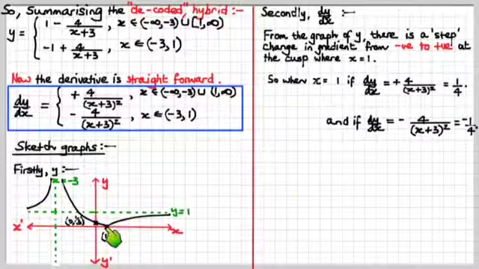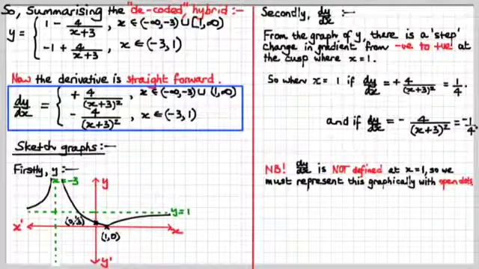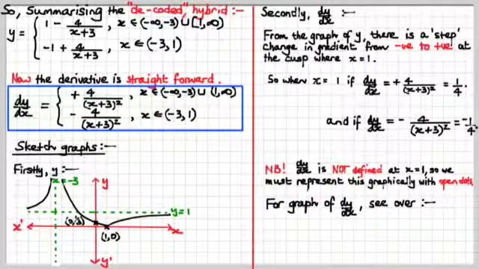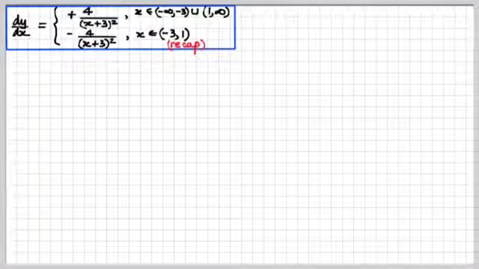It just doesn't make any sense. The curve has to be smooth to enable you to take the tangent. Okay, so therefore this is my NB saying that dy dx is not defined at x equals 1, so we must represent this graphically with open dots at the point of discontinuity where x equals 1. Okay, so let's go over the screen now and have a look at it.